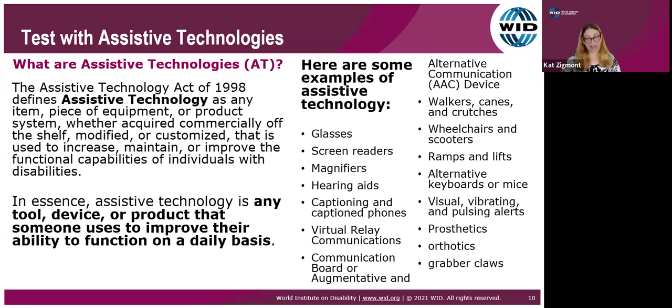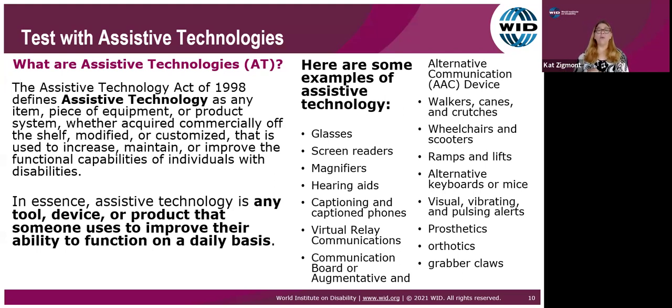So what if someone has a head pointer? They're going to have to utilize that screen with their head pointer. Is the height correct? These are physical issues around a digital product. When we're talking about screen readers and magnifiers and dictation overlays, etc., alternative keyboards and mice, those sorts of things are a little bit easier to solve for.